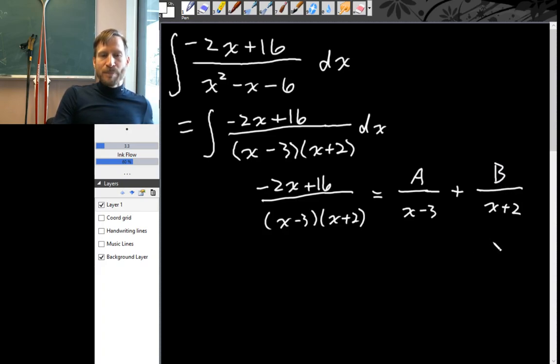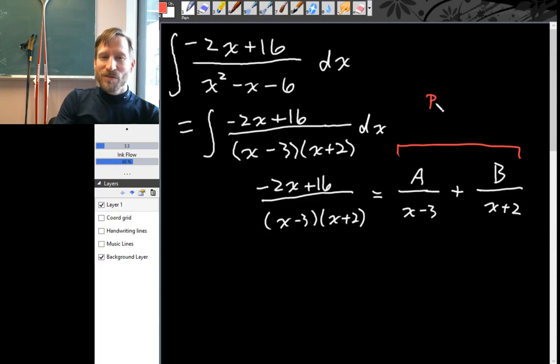It turns out that we can make this true by choosing appropriate numbers A and B. The trick is figuring out what those numbers should be. Finding these numbers is a process called partial fractions, and this right-hand side is called the partial fractions decomposition of the left-hand side.